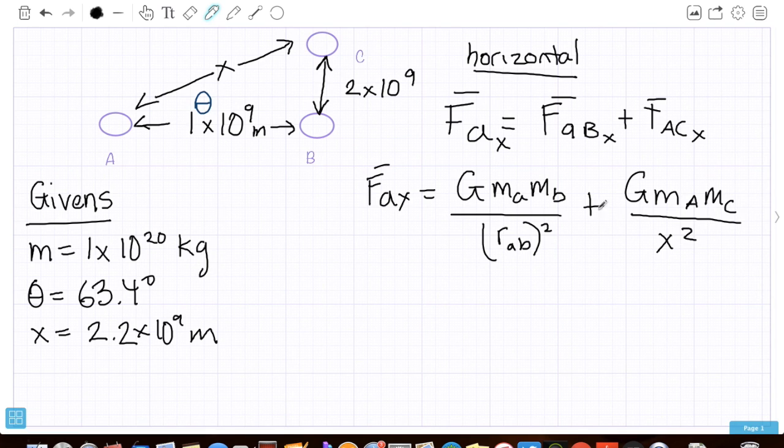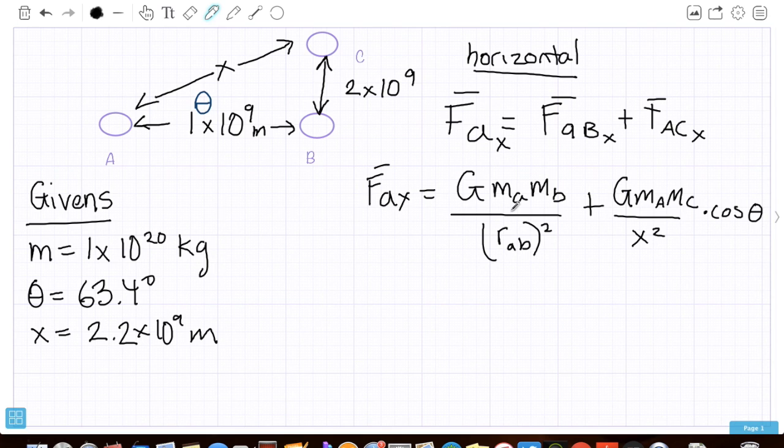So that's in this part right here. Also, we're only looking at the x direction, so we need to take the component of this in the horizontal direction. So let's rewrite that: G M_A M_C over x squared, and then the component of this is cos theta.